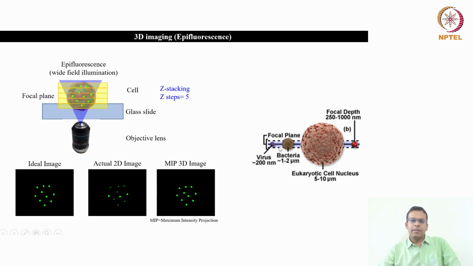So virus and bacteria can be captured in just one focal plane. But to image the eukaryotic cell nucleus, which is 5 to 10 micrometer thick, for such a thick sample you need Z stacking to cover the entire 3D volume of the cell. While imaging virus or bacteria, you do not need Z stacking.